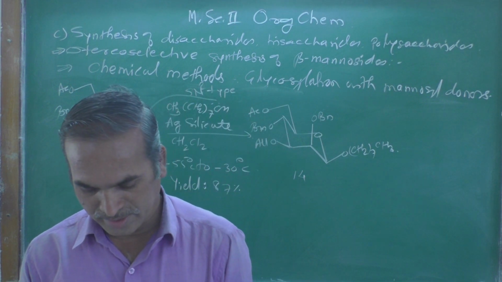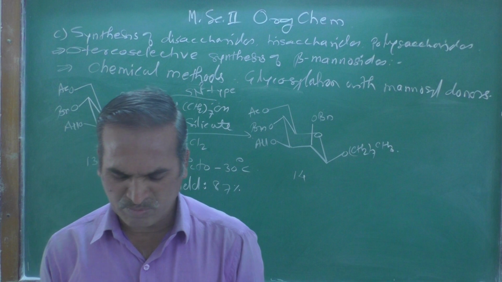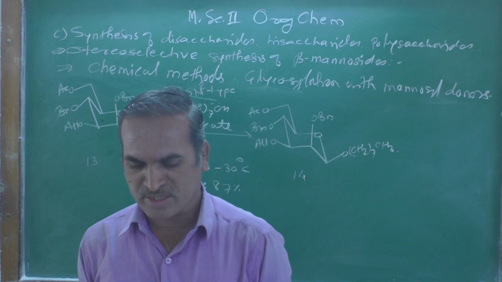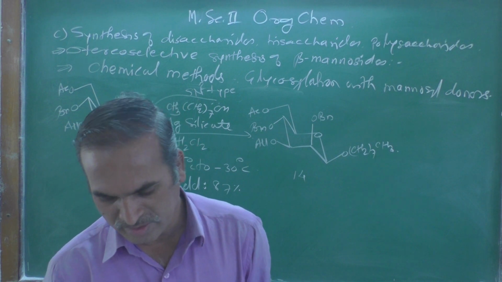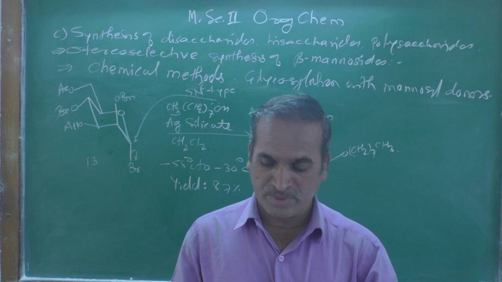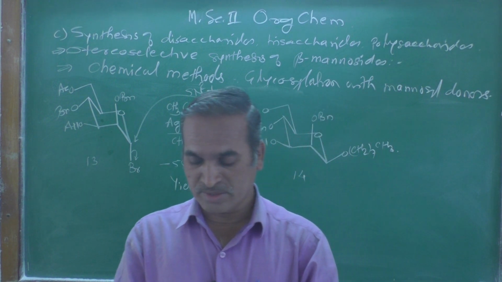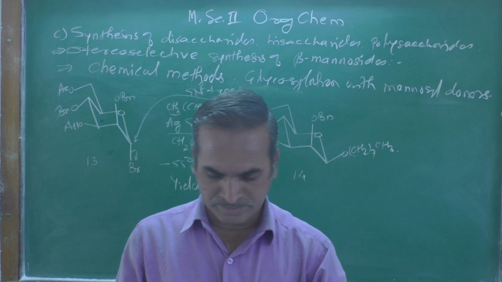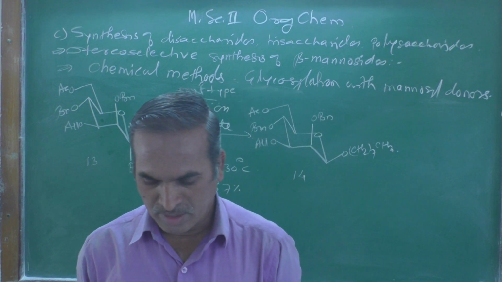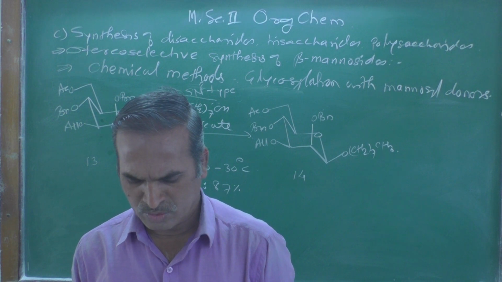So now here, Paulsen is a scientist's name. Paulsen activator has been used with success to synthesize a large number of beta mannosides related to N-glycoproteins.